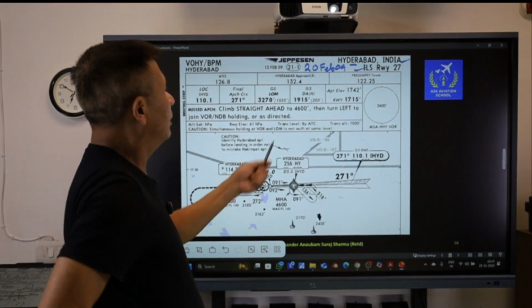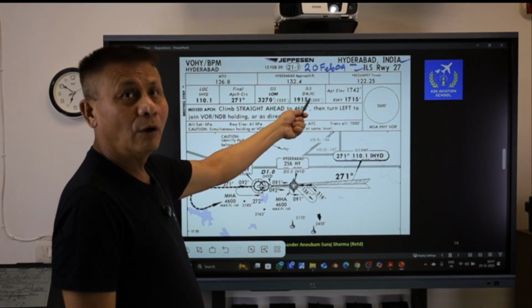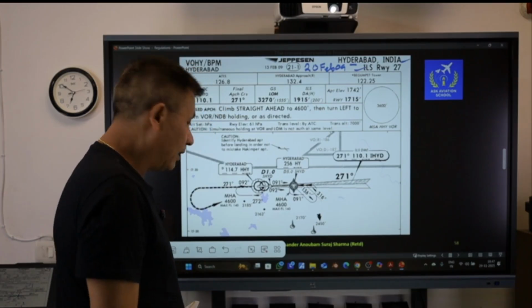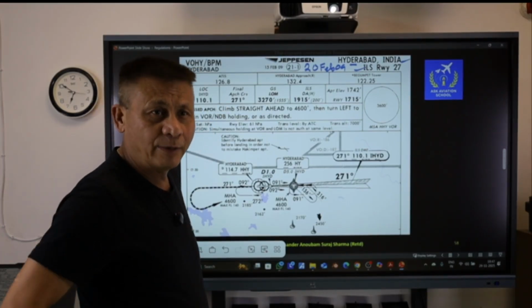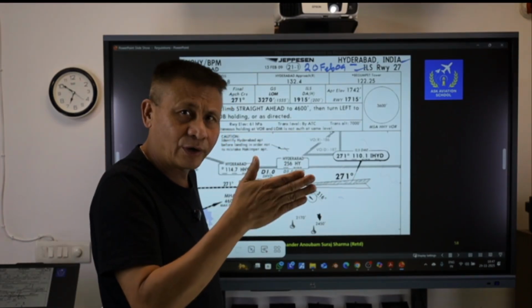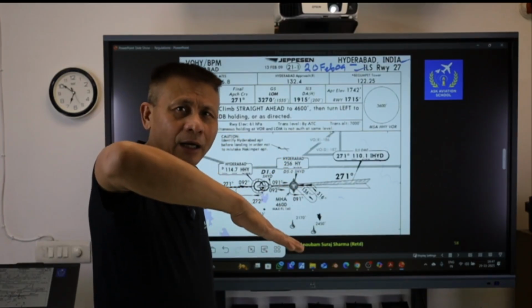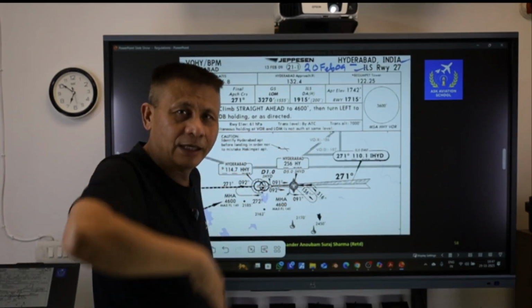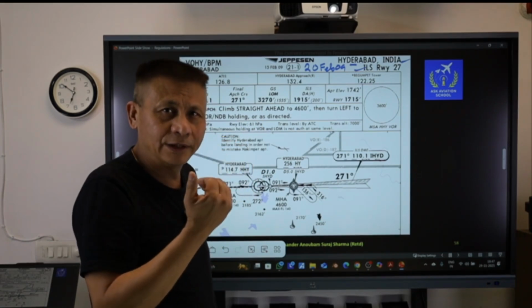Now, ILS DA/DH. Since this is a precision approach, it is going to give me guidance on whether I'm left or right of track, that is the horizontal guidance, and I am going to get the vertical guidance, that is whether I am above the desired glide path or below the desired glide path.